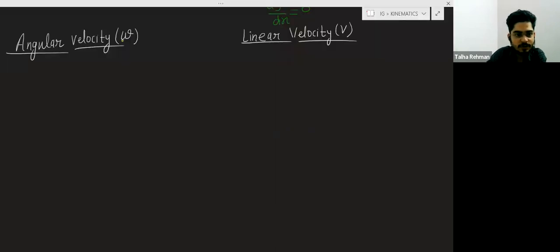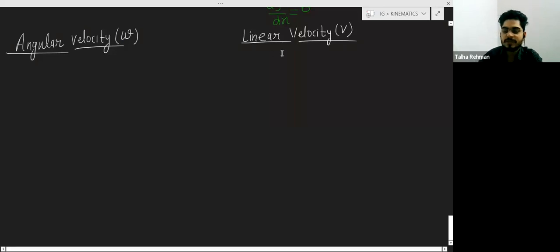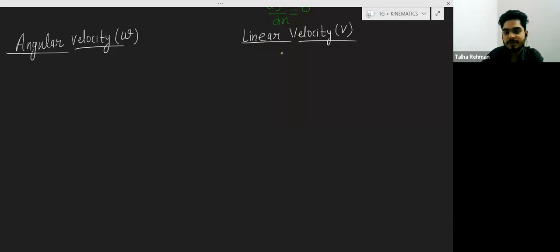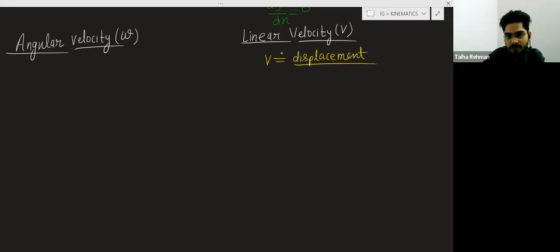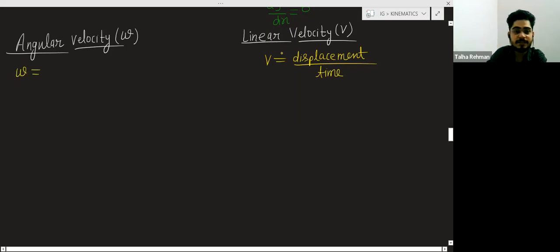What first we have studied is the linear velocity. Linear velocity is s by t, displacement by time. Angular velocity is angular displacement divided by time.